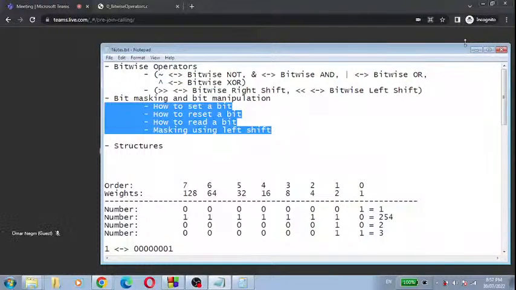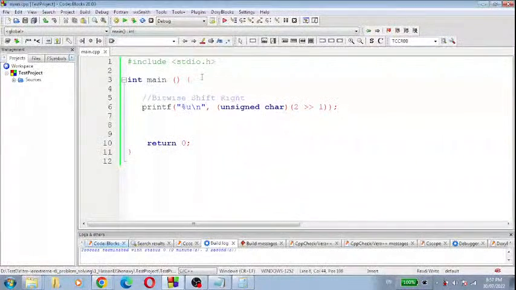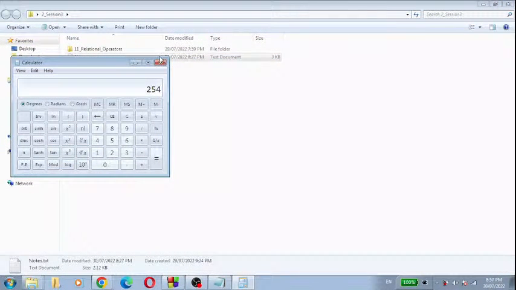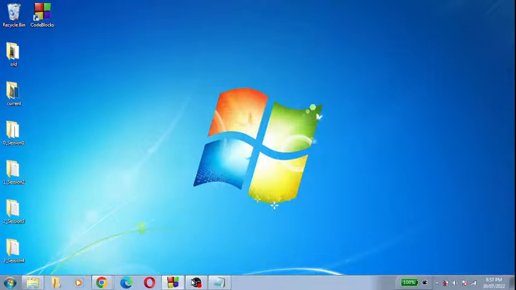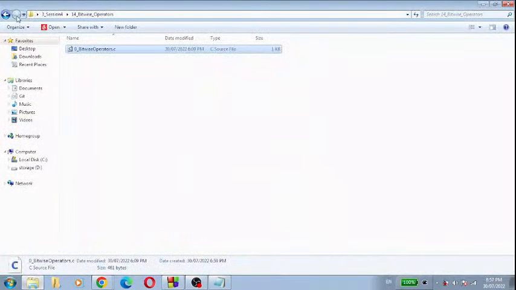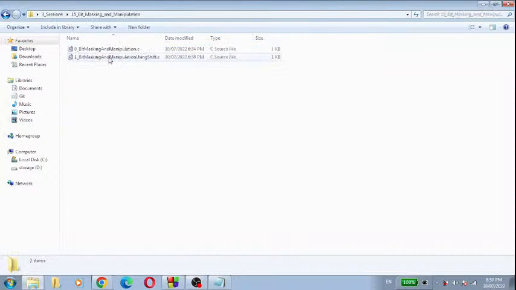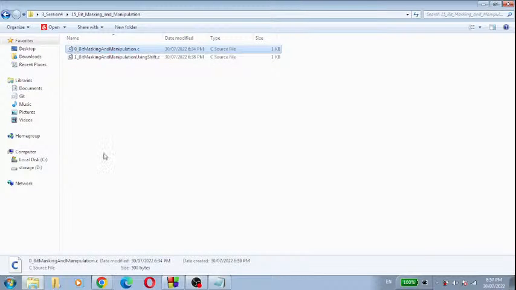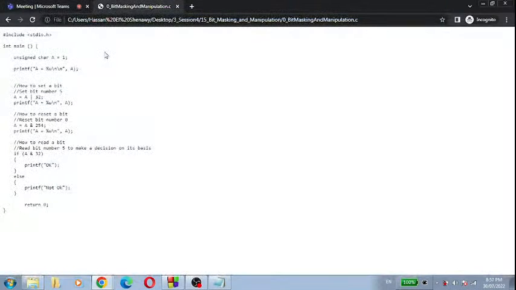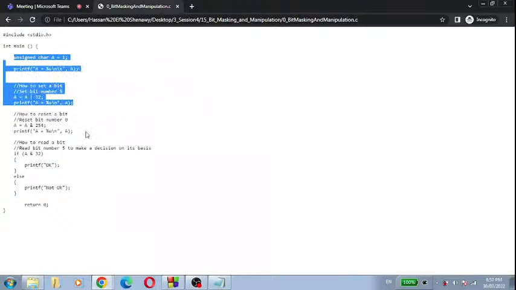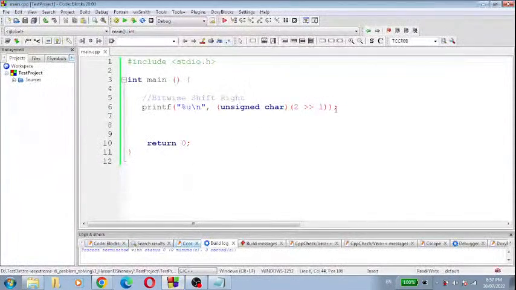Let's get to our example. I have prepared some examples here for you. Masking and the manipulation. Okay, that's the first example. Let's take only this.